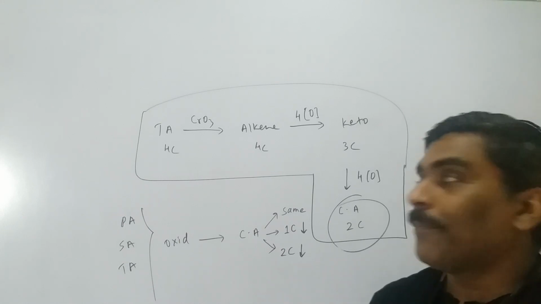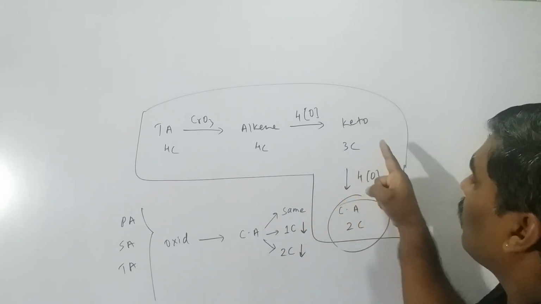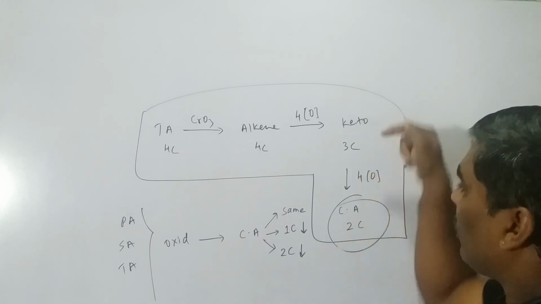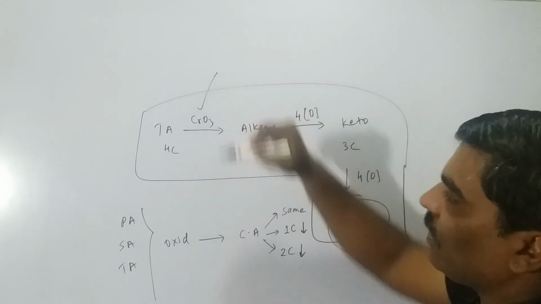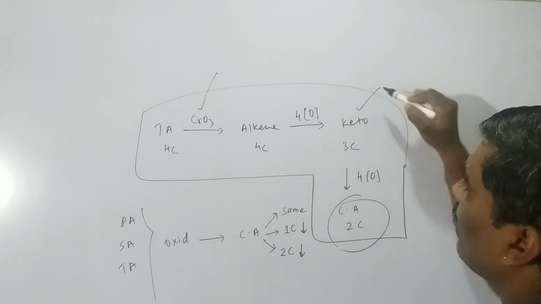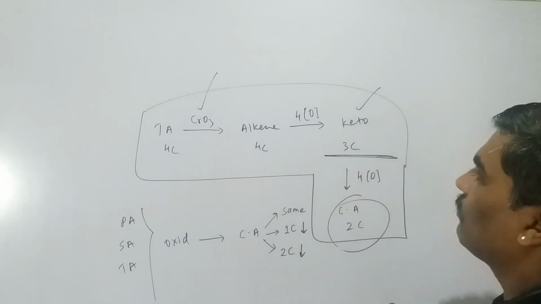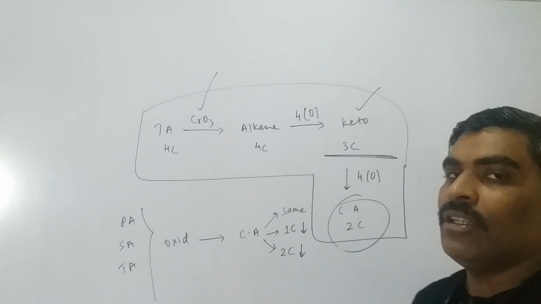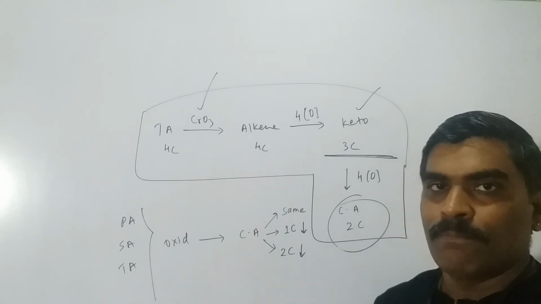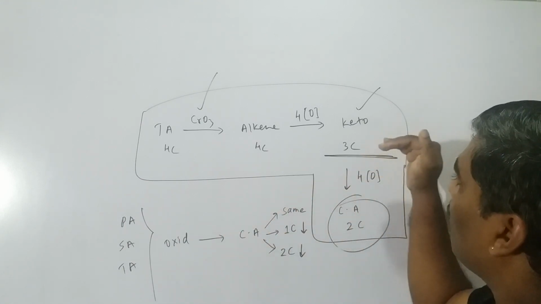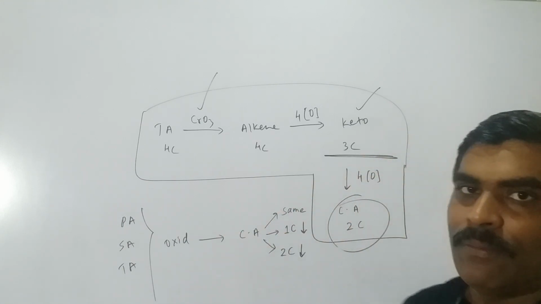Now you might be thinking, sir, why did you stop here at ketone? Why not this acid? Because after adding CrO3, the reaction can be done till ketone. For further oxidation, you require more CrO3. And that's why we show till ketone.